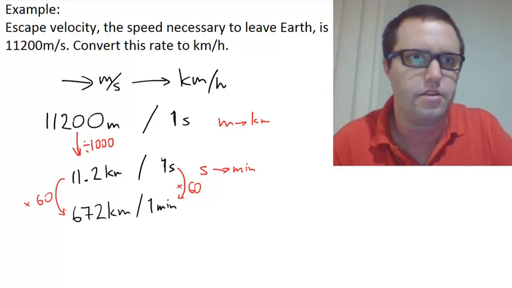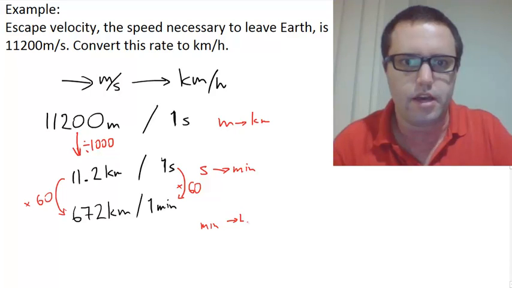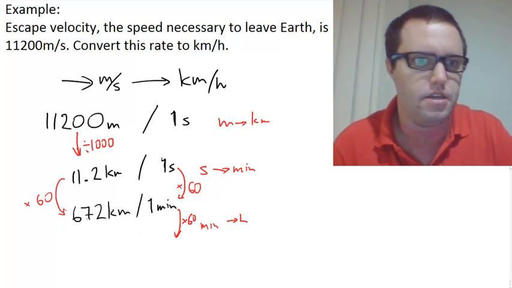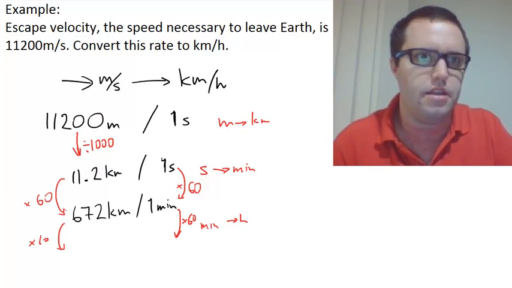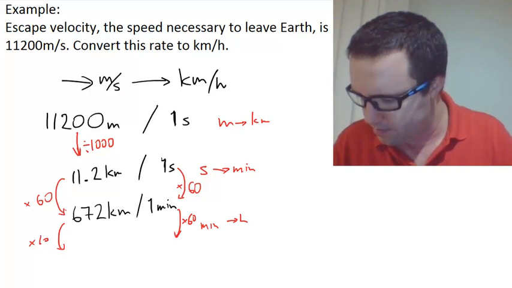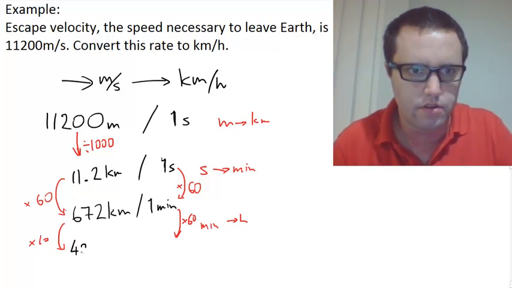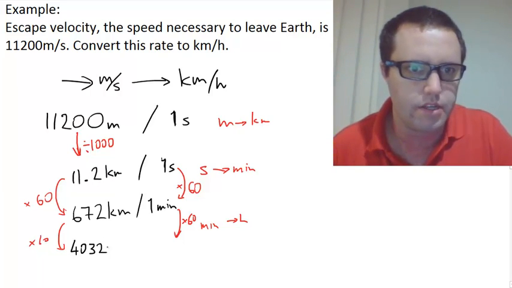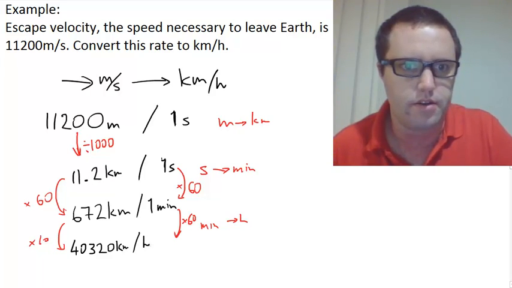And then to get from minutes to hours, we simply multiply by 60, and that gets us 40,320 kilometers per hour.